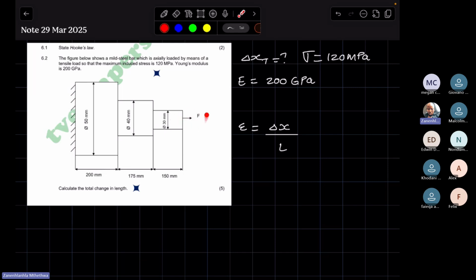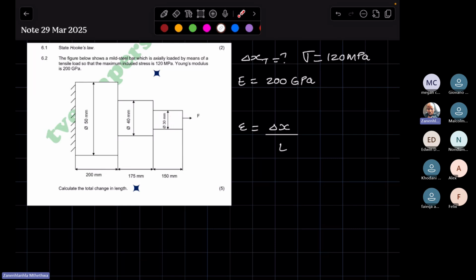So you first need to calculate this force, because it is the same force that is applied on this part of the composite object and also on this part of the composite material.